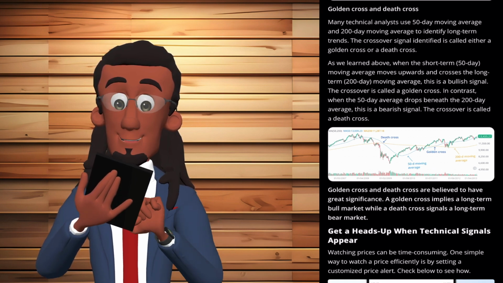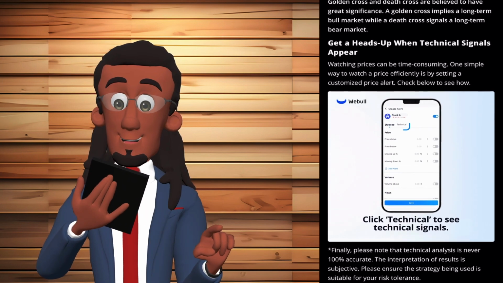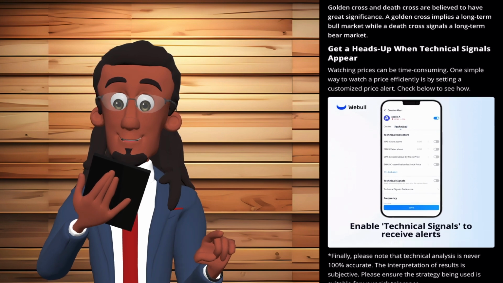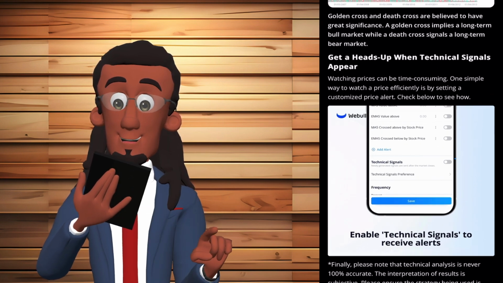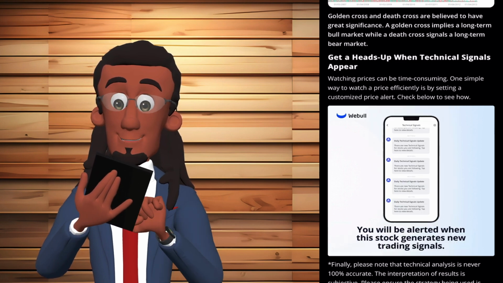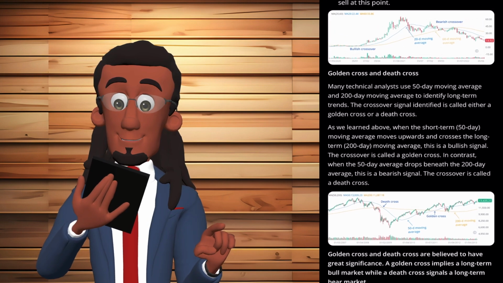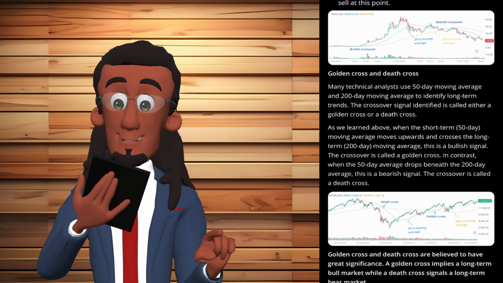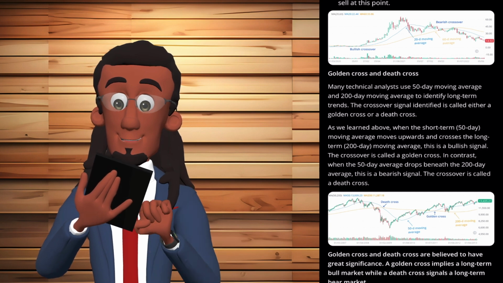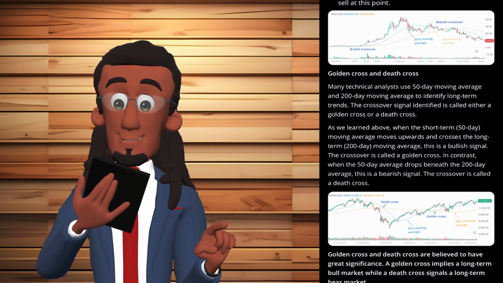And look on the daily time frame. Go to your moving averages. Turn your 50-period moving average on. Turn your 200-period moving average on. And let's look at it. Let's see if we see the 50-period moving average crossing beneath the 200-period moving average on the daily time frame. This crossover is called the death cross, which is a symbol. It implies that we'll be in this bear market for a very long time.